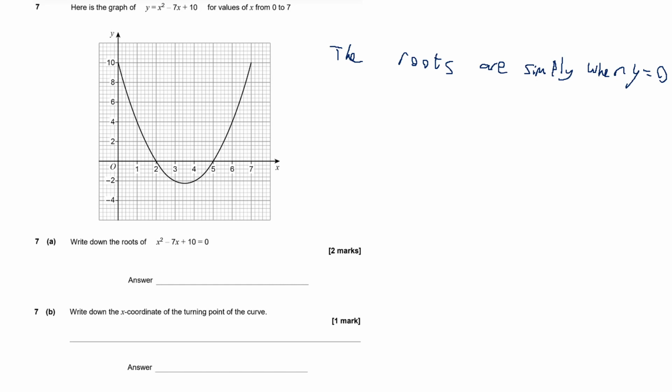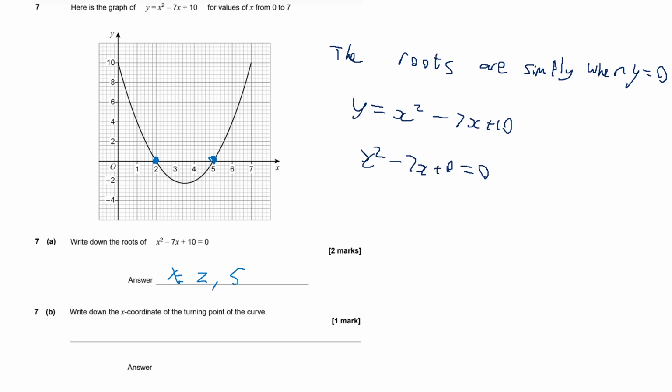So for this example, if y equals x squared minus 7x plus 10, then x squared minus 7x plus 10 is equal to 0. Now, for this example, it's very easy. It's just going to be this point here and this point here. So x is equal to 2 and 5.